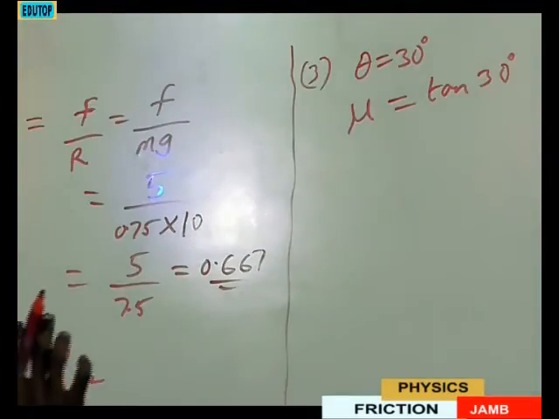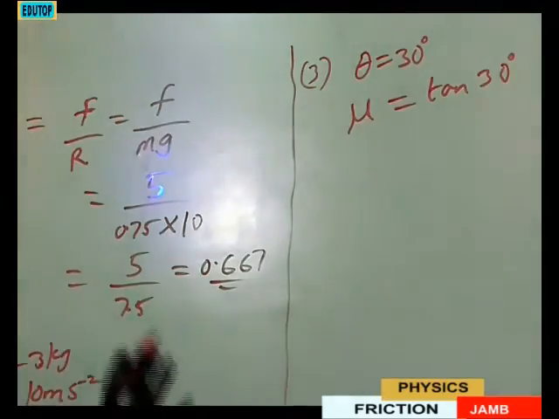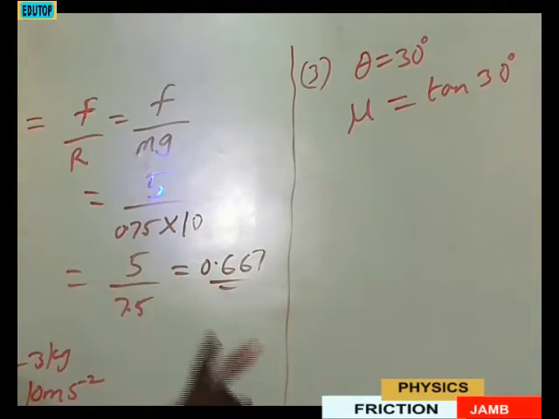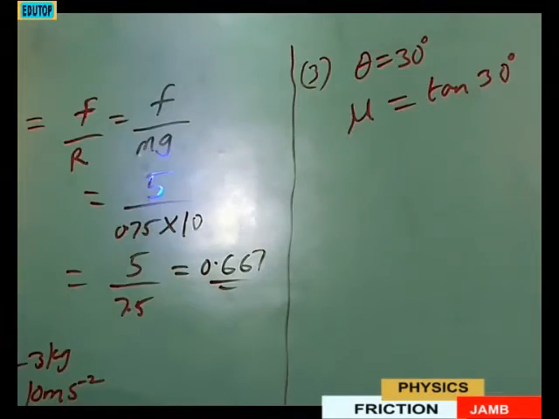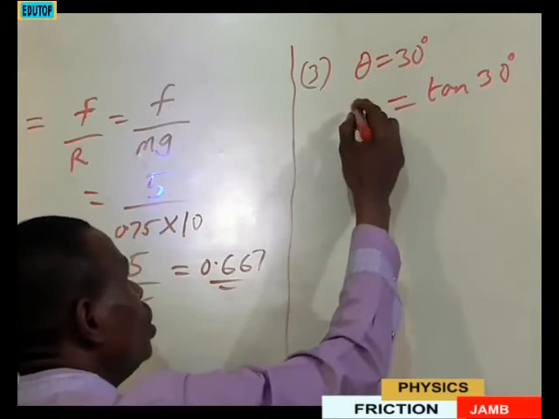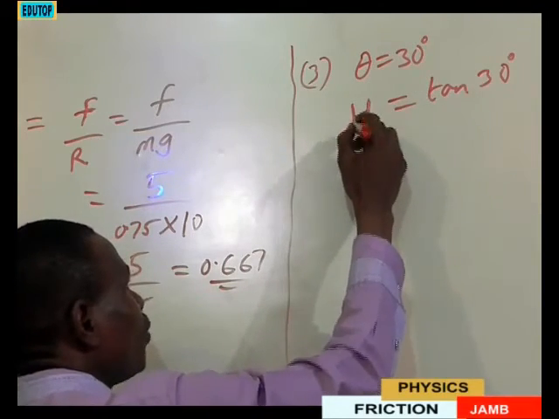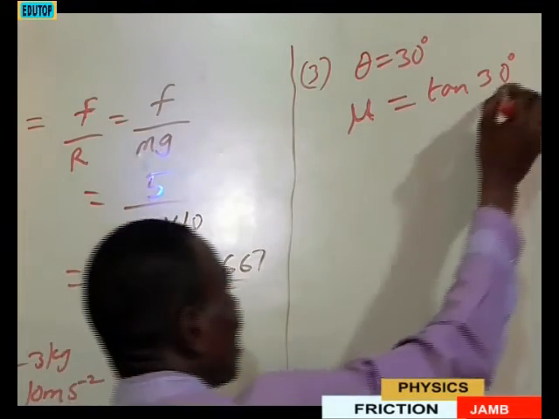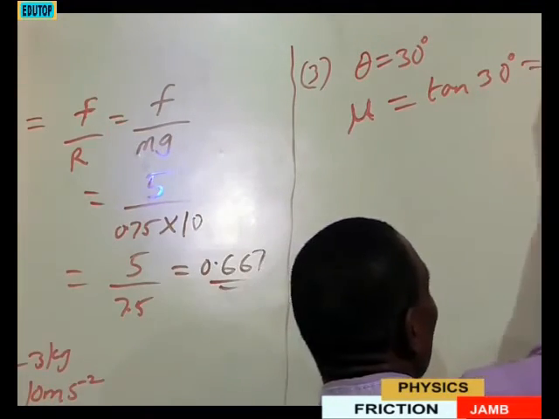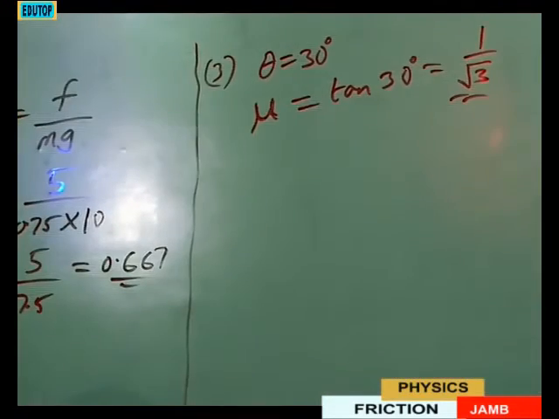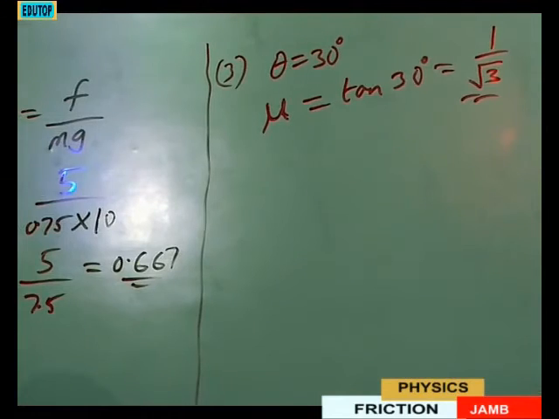Whenever you are told that a frictional surface is inclined at an angle to the horizontal, and the angle is 30 degrees, just go straight away: the coefficient of friction is tan 30, and tan 30 is 1 over root 3. That's the answer.